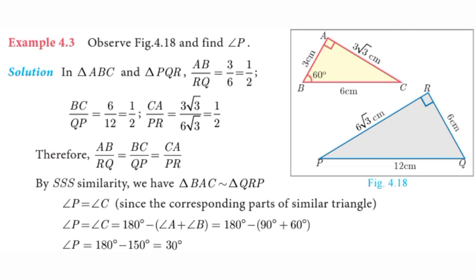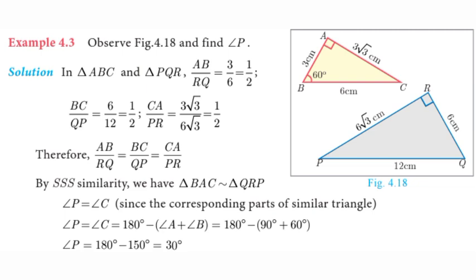And the third corresponding sides are CA, AC divided by RP. AC value is 3 root 3 and RP value is 6 root 3. Root 3 cancels. 1 3s are 3, 2 3s are 6. That is also 1 by 2.